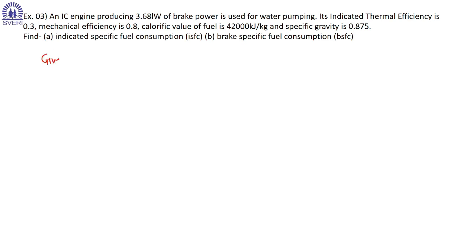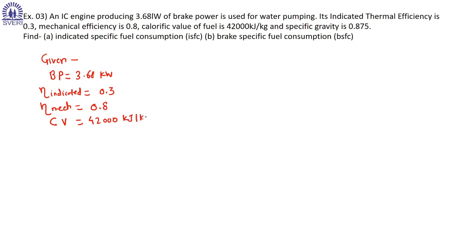So the given in this case: brake power is given as 3.68 kilowatt. Then indicated thermal efficiency is given, that is 0.3. Then mechanical efficiency is given, that is 0.8. Calorific value of fuel is given, that is 42,000 kilojoule per kg. Specific gravity of fuel is given, that is 0.875.